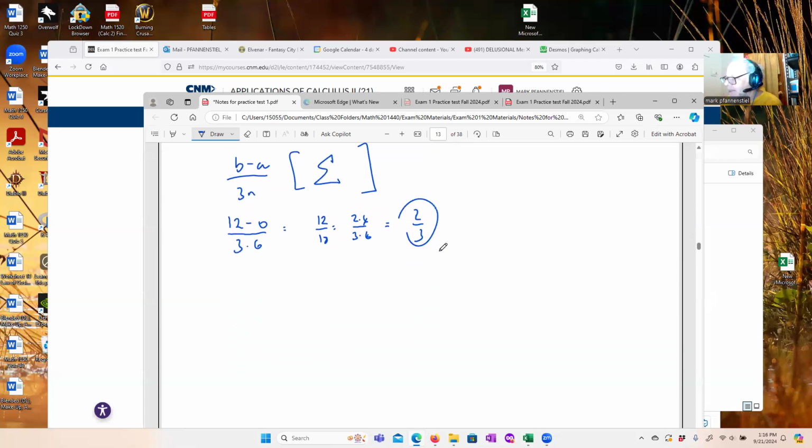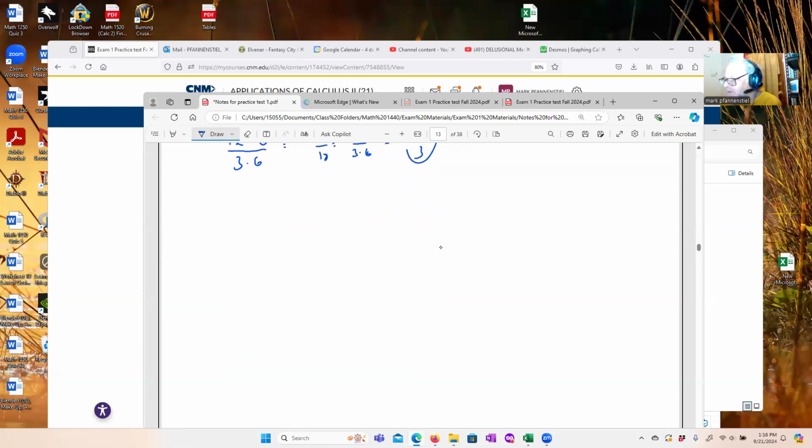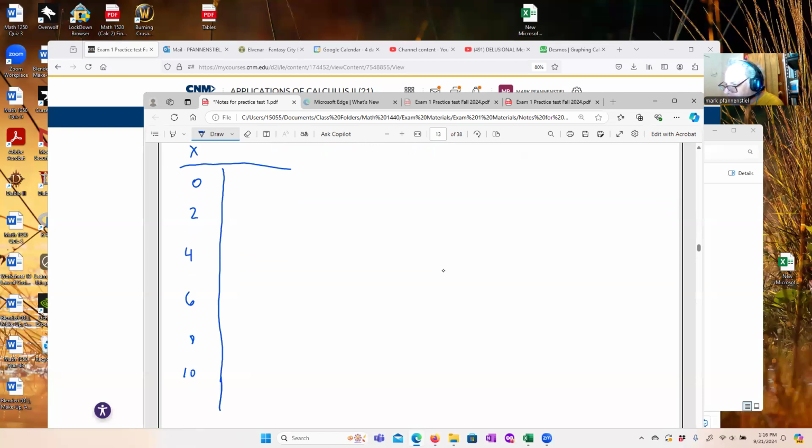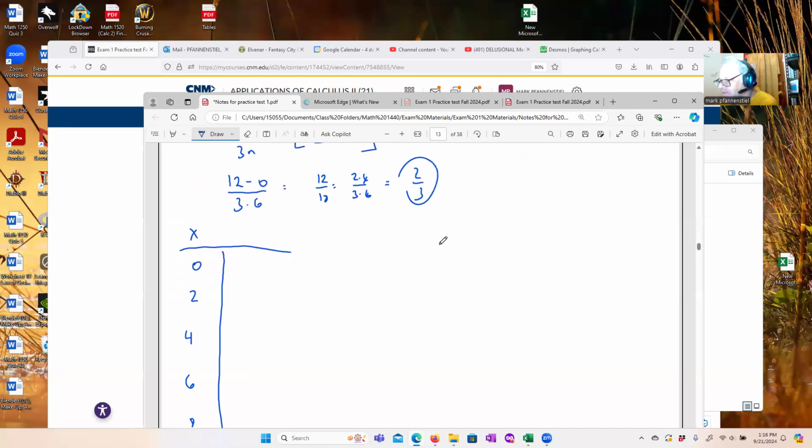Again, I recommend a table of values. We can have our x's, our f of x's, and our weights. So we have our x's here: 0, 2, 4, 6, 8, 10, 12. We're just going to have to consult the graph for the function values at these points. Let's snap over to our practice exam to see what we've got.